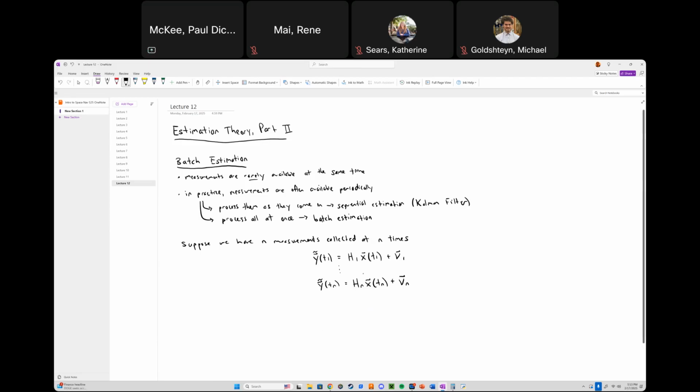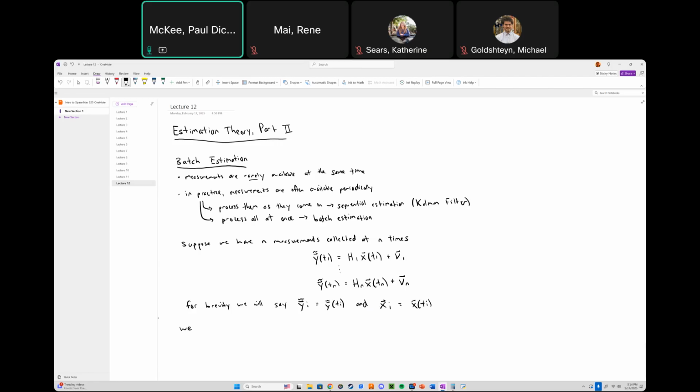Okay. So because we're about to do a lot of t's, we're going to abbreviate. For brevity, we will say that yi is the measurement associated with time ti, and similarly xi is the state associated with time ti.